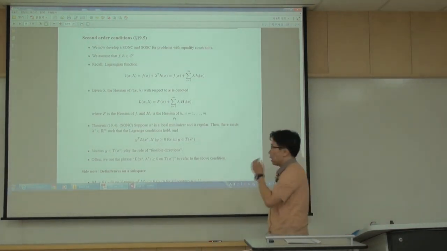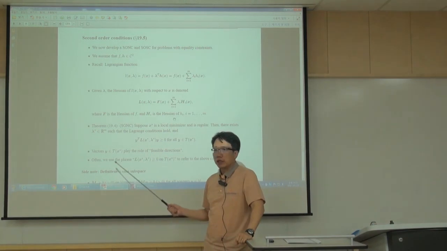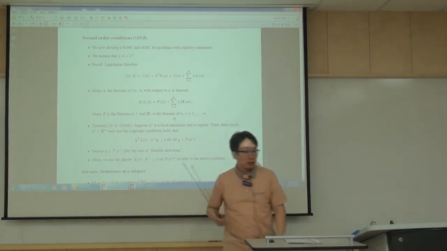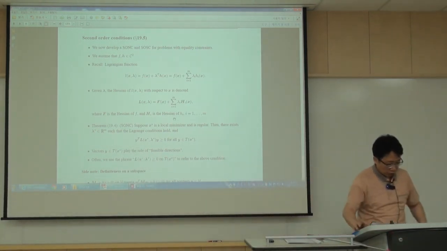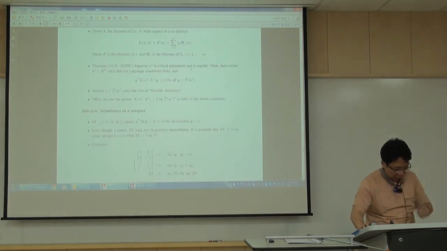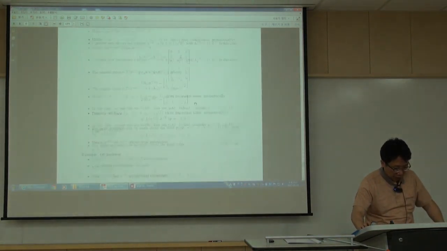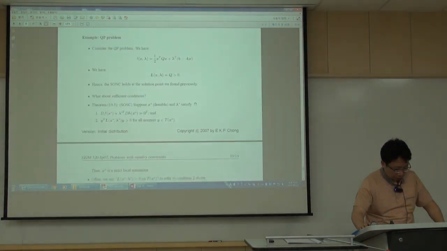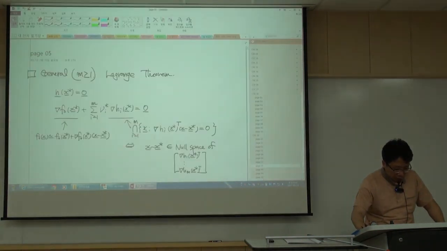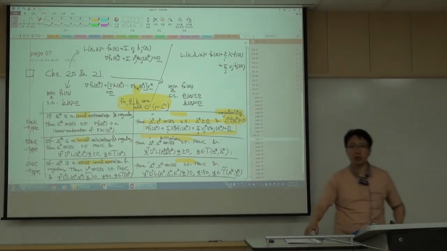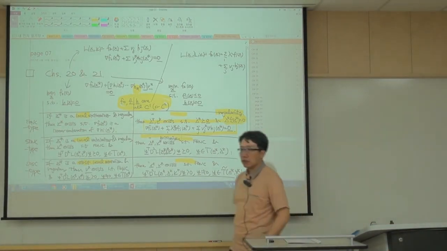Second order conditions are more difficult, and there is no derivation in our lecture note, but you can find the derivations. What I want to emphasize is that remembering the second order condition is very easy.